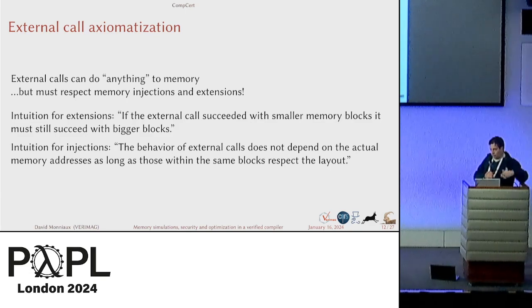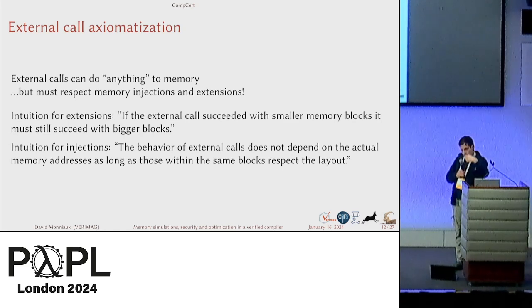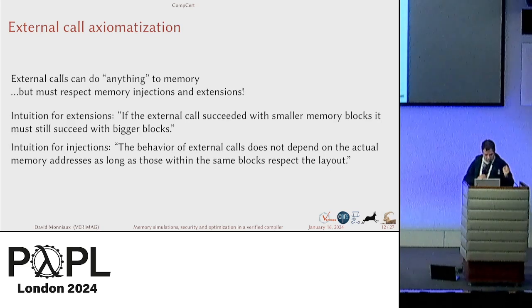So this means that when you do a call to a library function, it's allowed to change anything, and your optimizations cannot assume that memory is left untouched, except that if before your program transformation your external call succeeded, then after your program transformation the external call should succeed and give the same outcome, even if you applied a memory extension or a memory injection. So you have axioms that say that external calls commute with the memory extensions and injections.